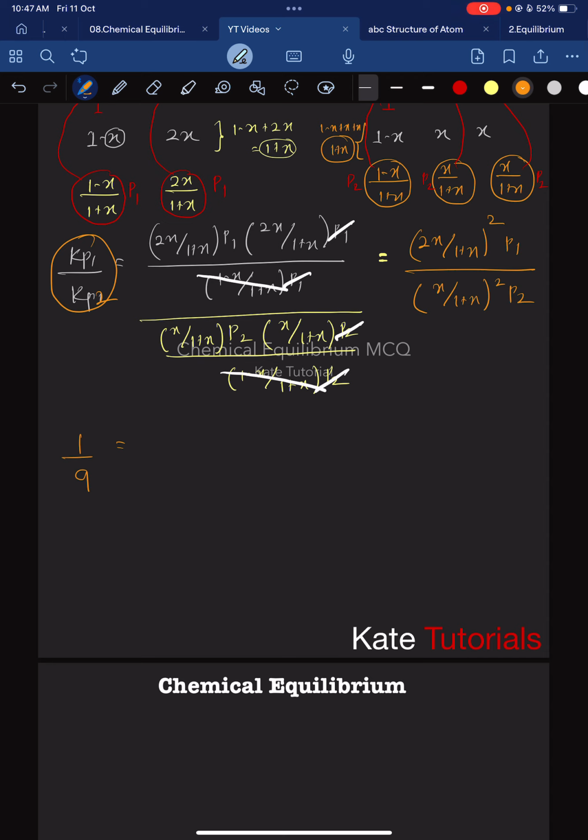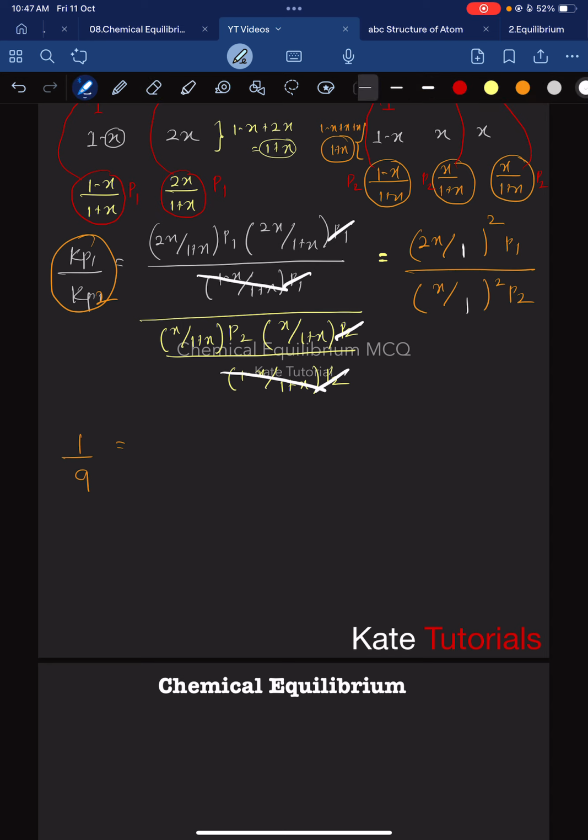Now if I solve this, we consider x to be very small. I'll ignore x in the denominator because it is 1 plus x, and x is very small in comparison with 1, so it will become 1. So I'm left with only 1 here.